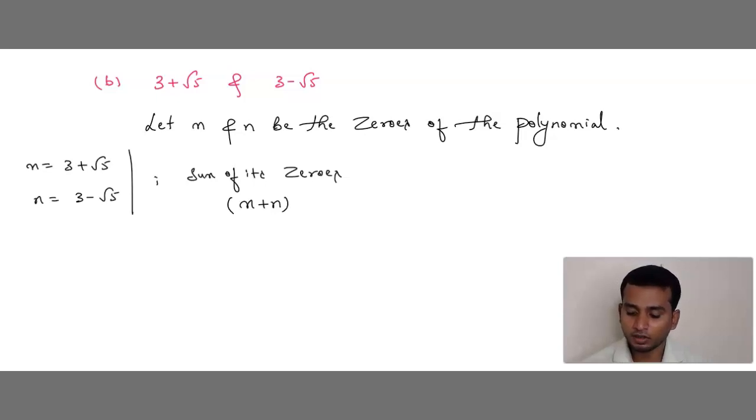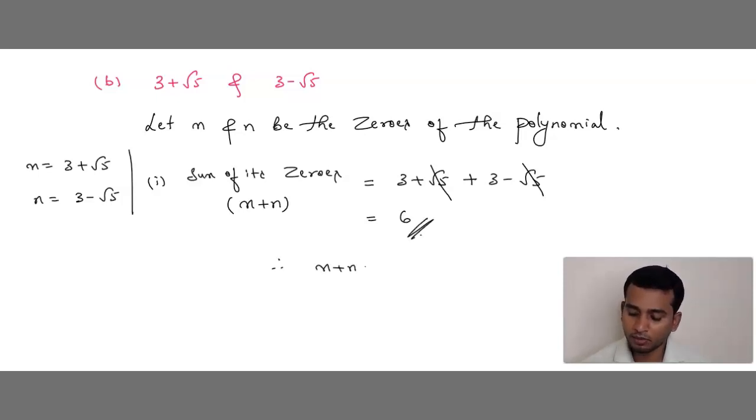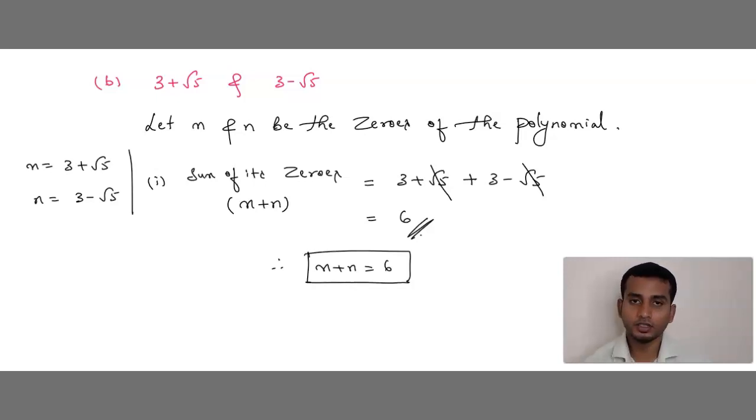So this is case 1. m plus n is equal to 3 plus root 5 plus 3 minus root 5. Now numbers we should add with numbers, root terms with root terms. 3 plus 3 is 6, and plus root 5 minus root 5 get cancelled. So what is the answer? 6. Therefore, the sum of its zeros, m plus n, is 6. Final answer is 6. Done.